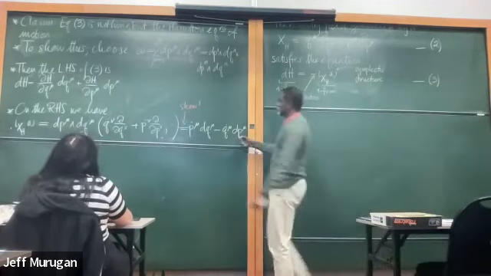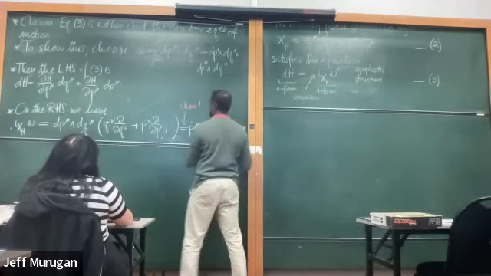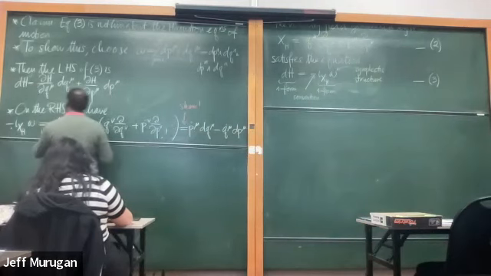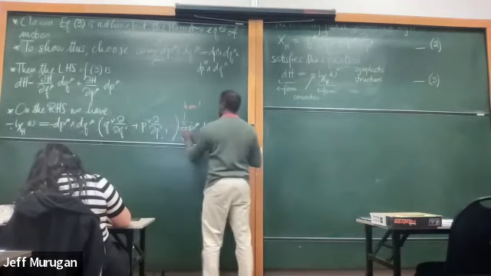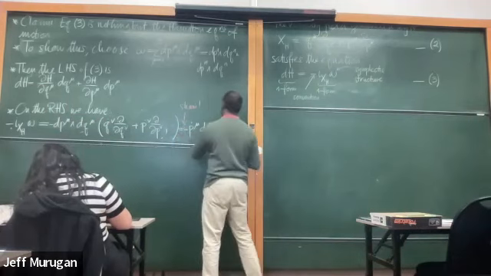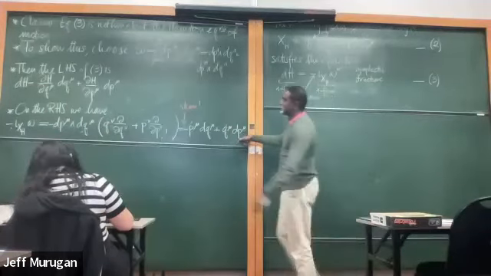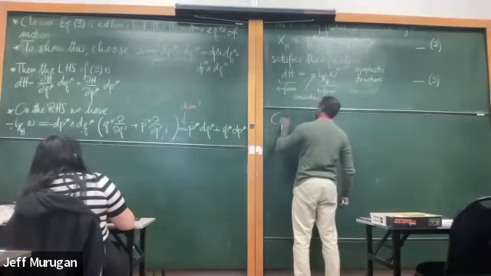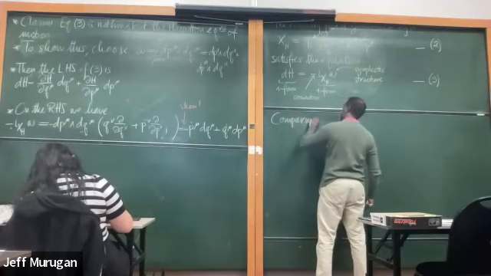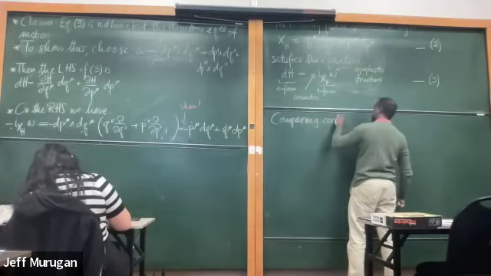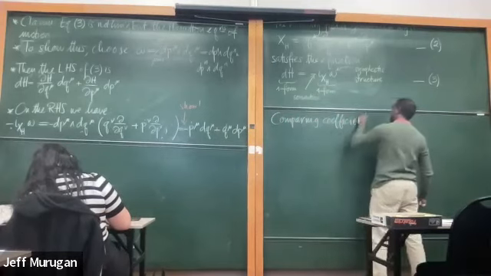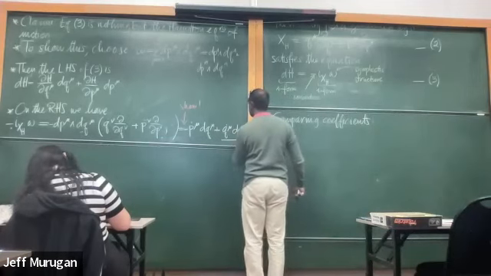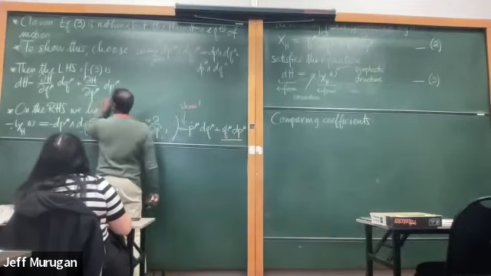But then I get to compare this thing, up to a minus sign, with that. So let's start with the minus sign and then the minus becomes plus. So now I can compare this with this. So comparing coefficients, I'll find that this term is this.